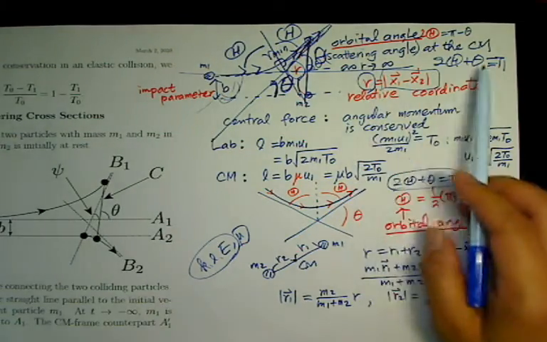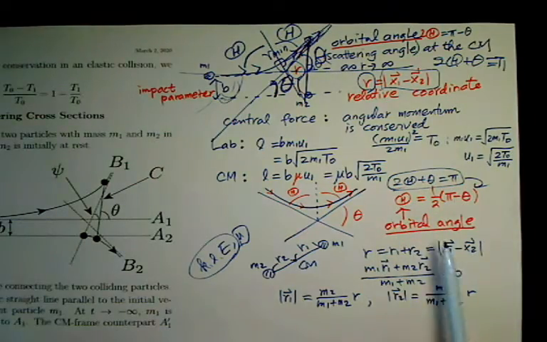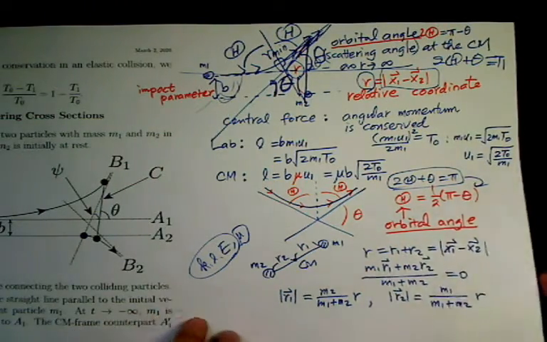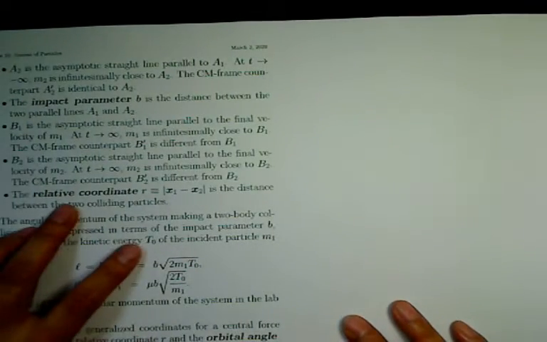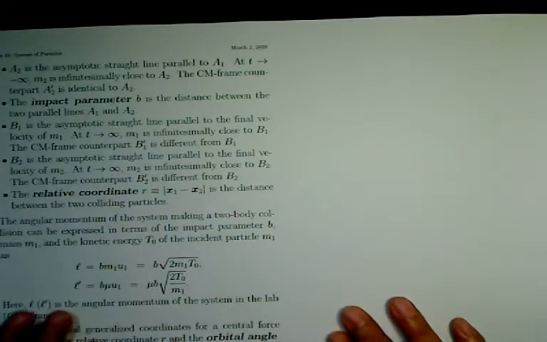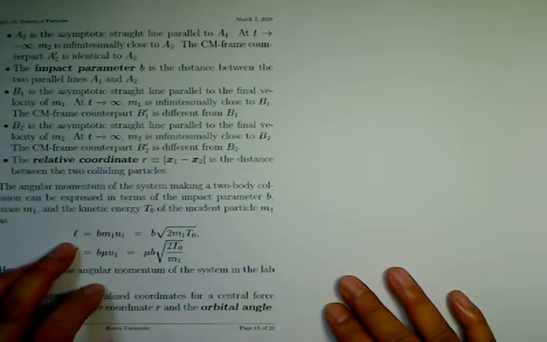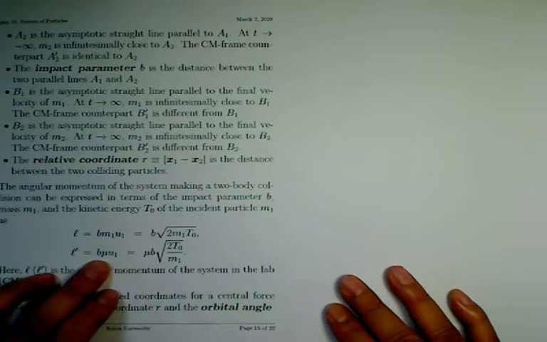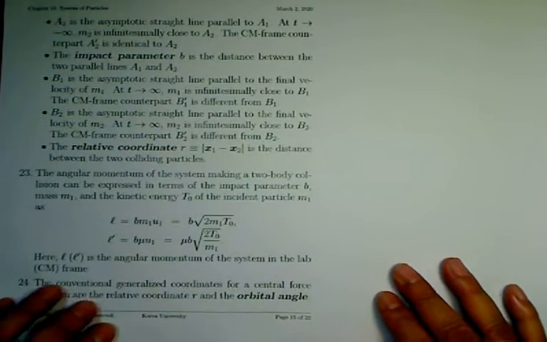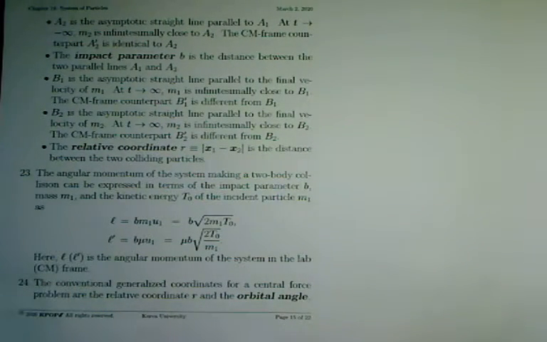This explanation is repeatedly given here. We have considered what the impact parameter is, the importance of the relative coordinate, and how to determine the orbital angular momentum of the initial state at the lab frame and at the CM frame. As you remember, as long as the central force is concerned, the orbital angular momentum of the system is completely conserved.